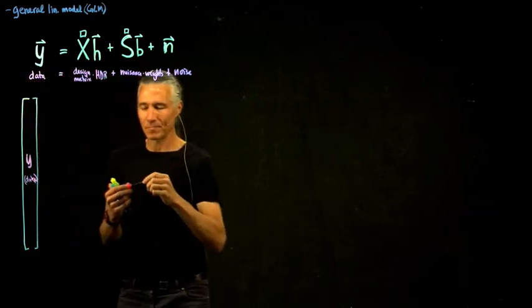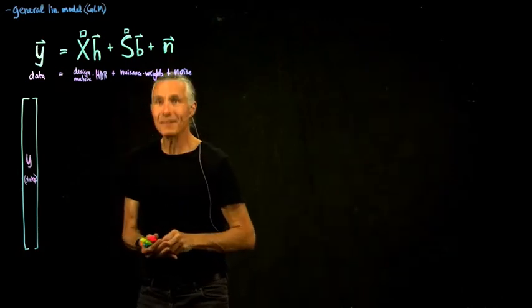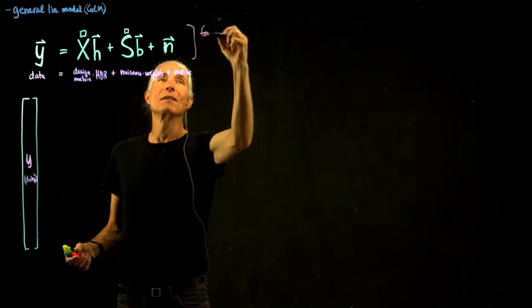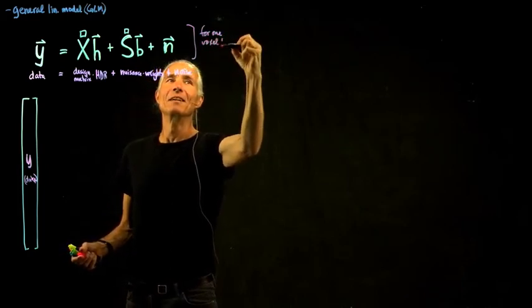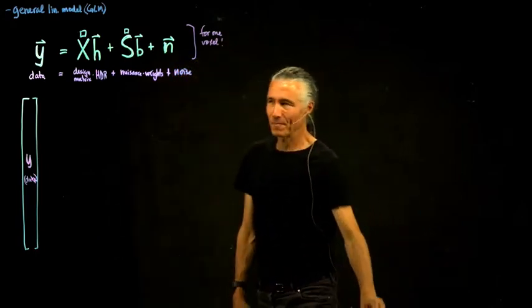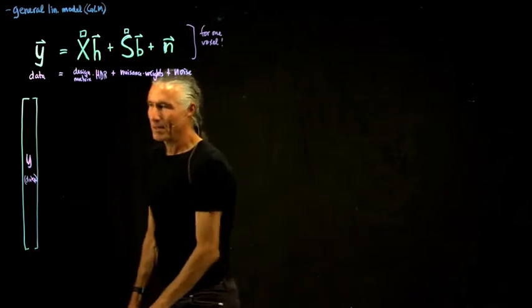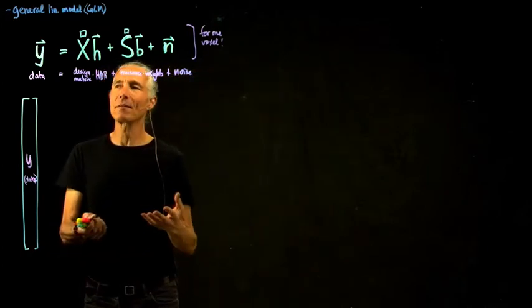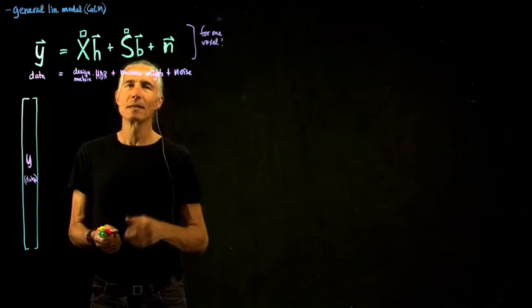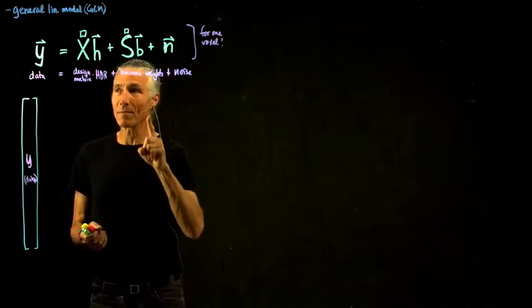So this is all for one voxel. We have to do the same thing for every voxel. You could average voxels together and then operate on an average voxel, but in the limit, this equation is an equation for one voxel.